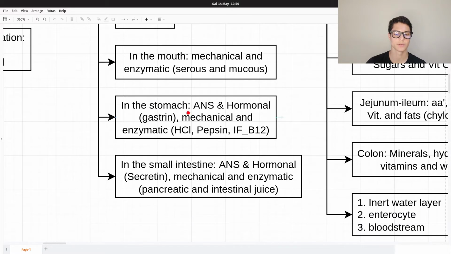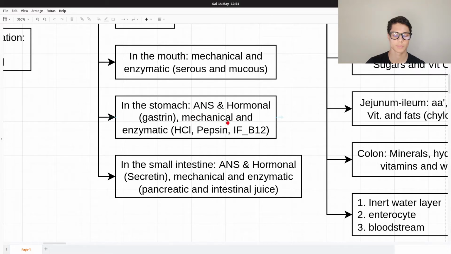In the stomach, we have the autonomic nervous system and the hormonal regulation through the gastrin. Those are going to trigger various substances in the stomach to induce the digestion, such as HCl production to lower the pH and degradation of all three macronutrients, and pepsin, the intrinsic factor for the vitamin B12, and mechanical also.